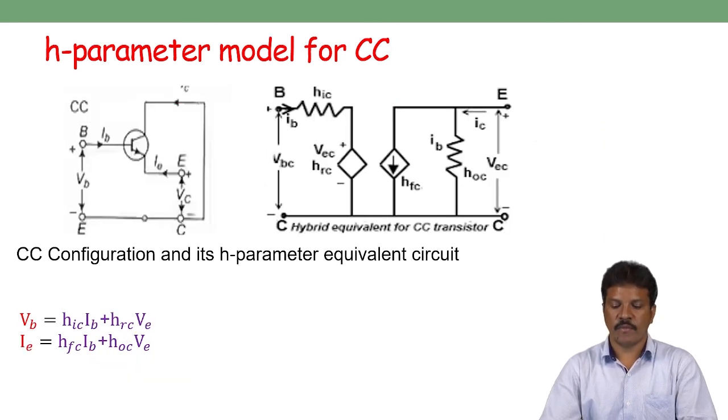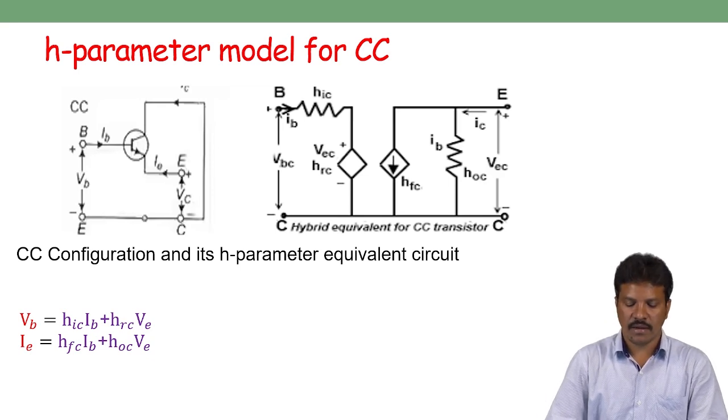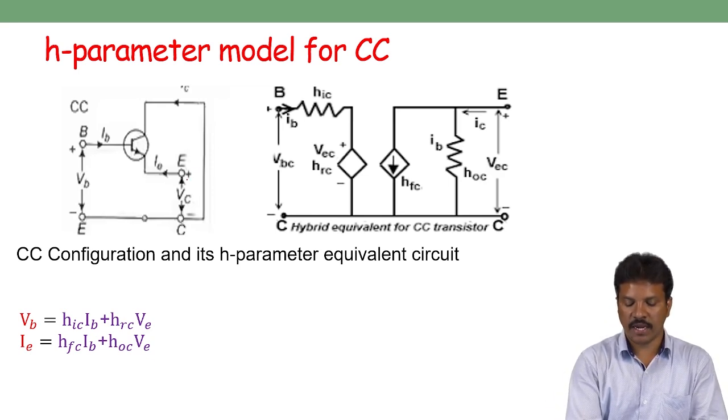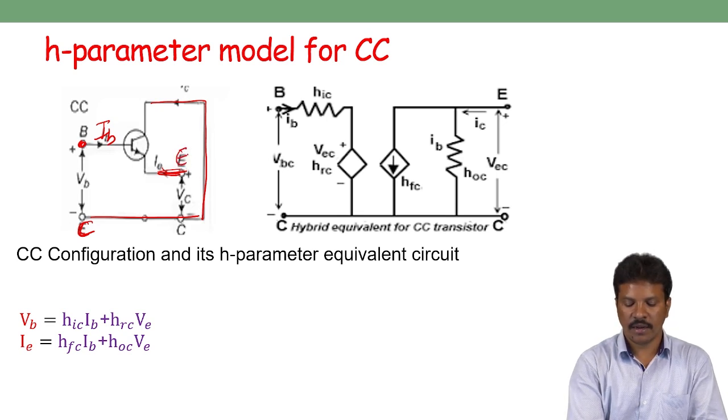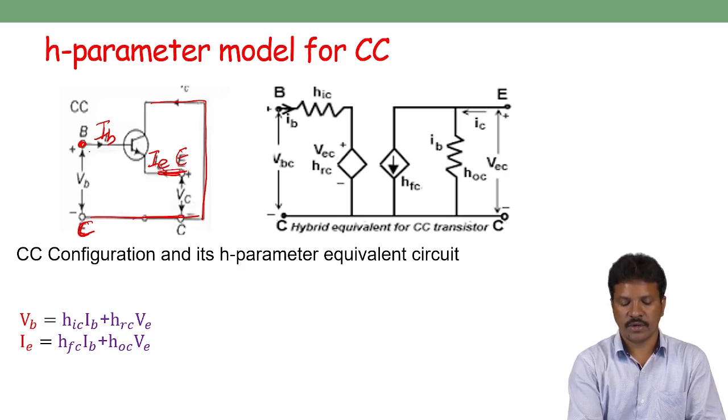Similarly, the H parameter model for the common collector. For the common collector, the output is taken at the emitter, and the collector terminal is connected to ground. The input terminal is the base terminal, so the input current is IB.